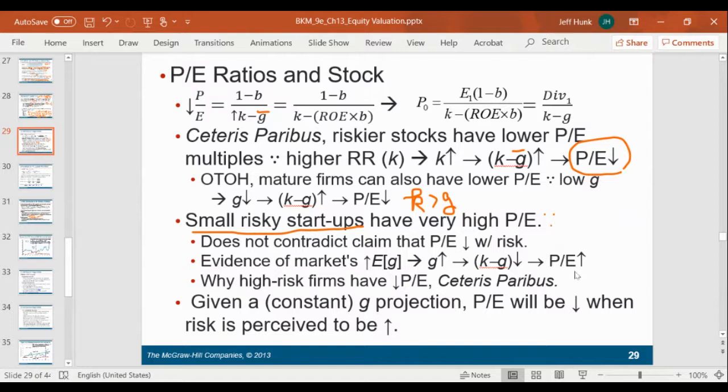Because startups don't pay out dividends, and even if they have good earnings, they don't pay out dividends in the first place because they have to reinvest it for growth. Because of the growth potential for earnings per share, the price is very high. It's mainly because of a high price and relatively low earnings.